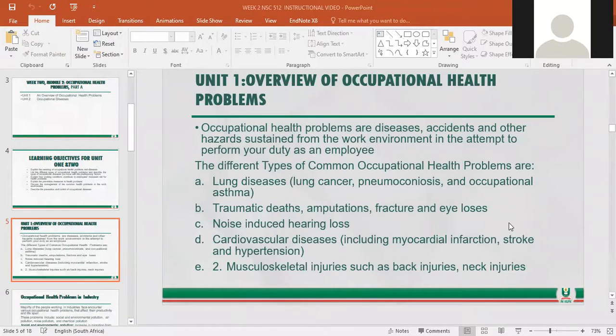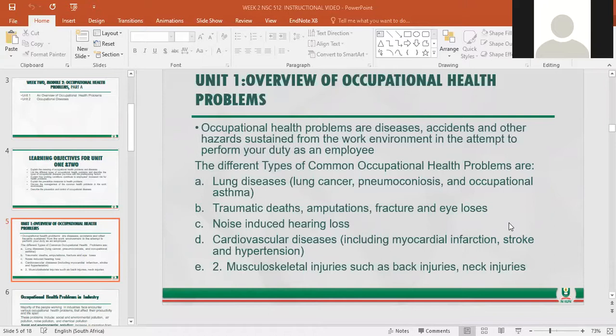What do we mean by a musculoskeletal problem? It is a problem that affects, or when an individual sustains an injury to the back, to the neck, to any bony parts of the body.